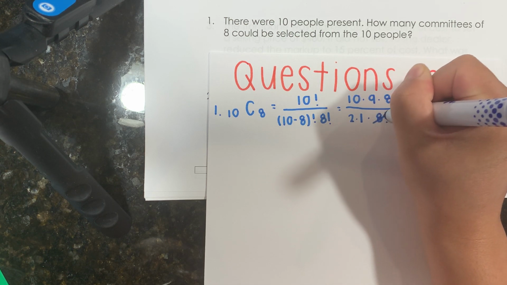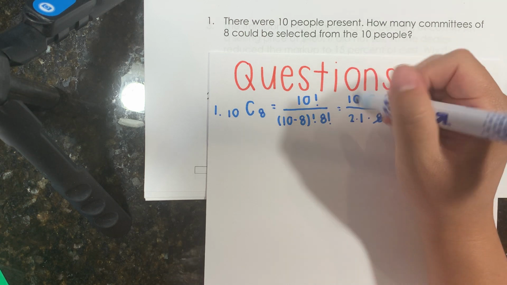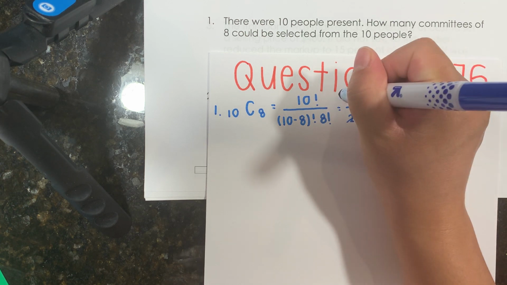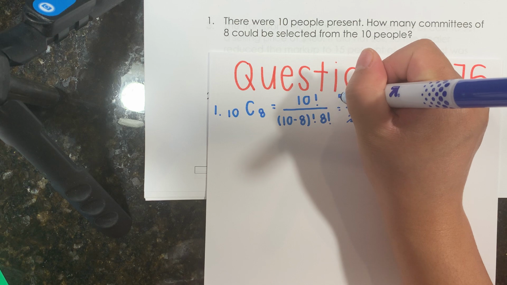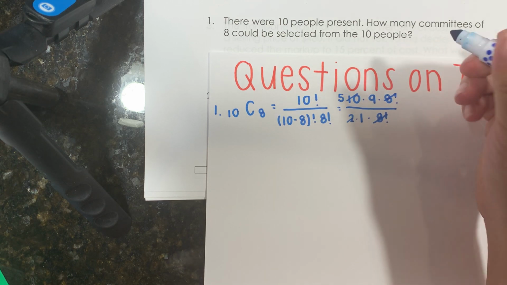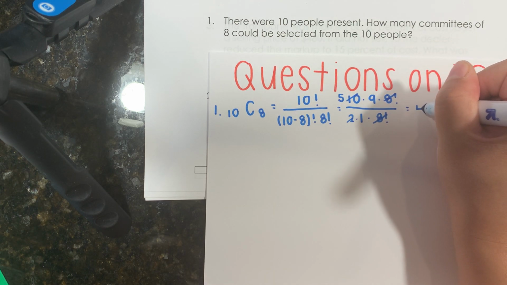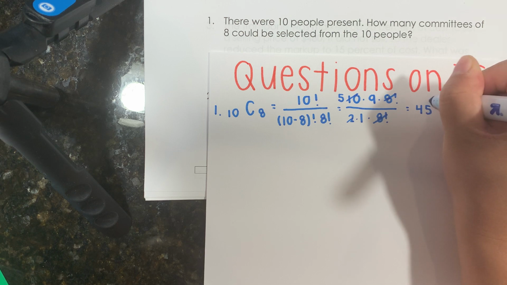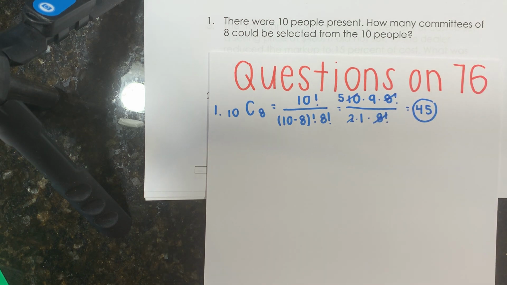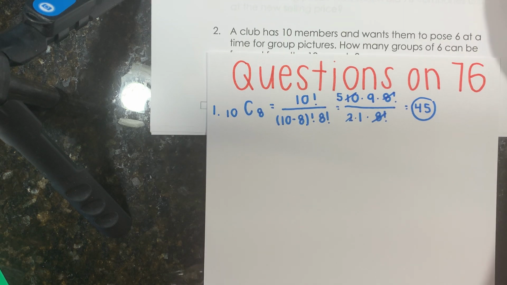So you should see that the 8 factorials are going to cancel. And then 2 goes into 10 5 times. So 5 times 9 would just be 45. So 10 items chosen 8 at a time without order.